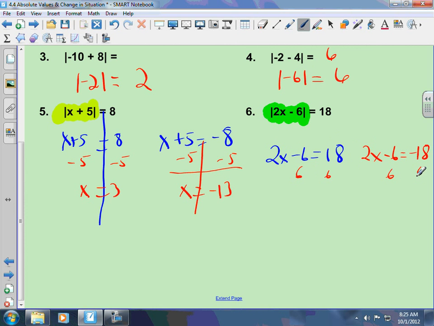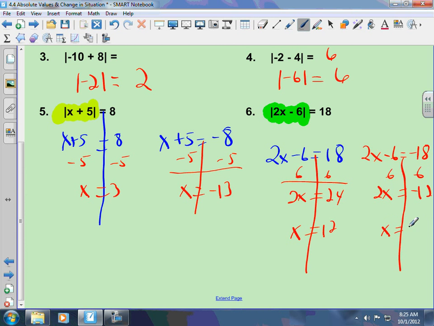Add 6 to both sides. 2x equals 24, x equals 12. 2x equals, what am I going to get here? -12. X equals -6. So my 2 answers are 12 and -6. Okay?